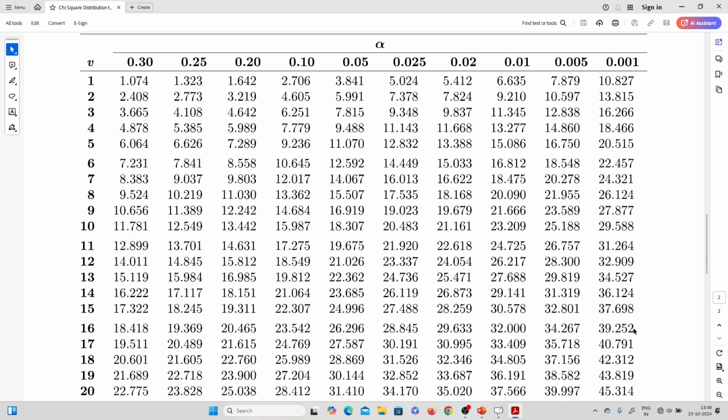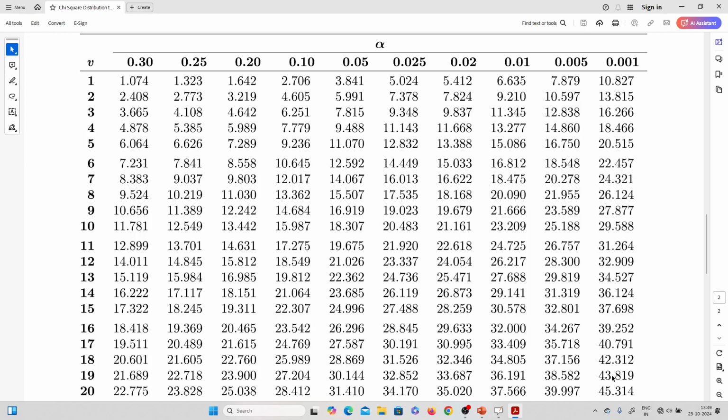So for 0.1% you're getting 43 over here, for 19 degrees of freedom. So 47 is going to be further on. By the way, as your alpha decreases, the values of chi-square keep on increasing. Alpha is decreasing here and the values of chi-square are increasing, right?